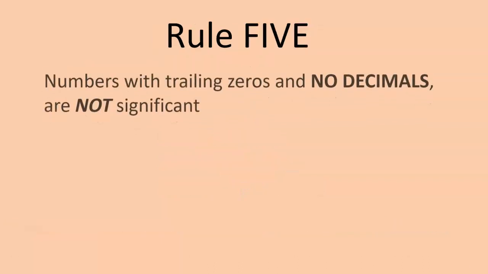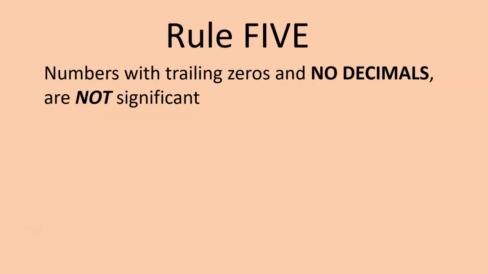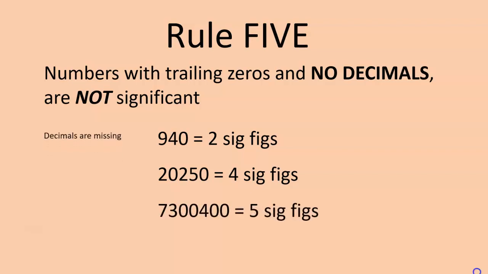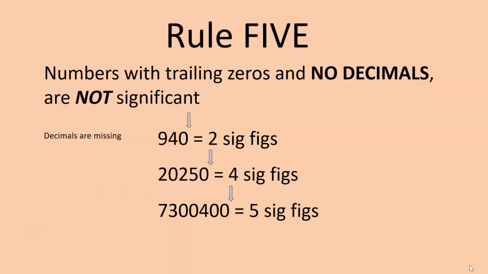So rule number 5, numbers with trailing zeros and no decimals are not significant. So exact same numbers this time, 940, 20250, and 7300400. Well, the decimals are missing, right, on every single one of these values. And because those decimals are missing, those trailing zeros are going to not be significant.